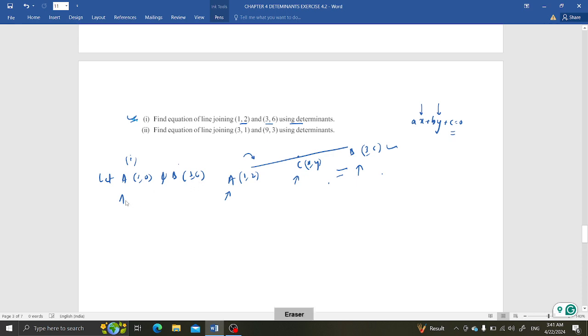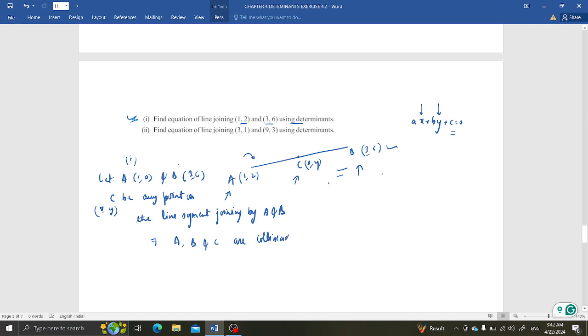Okay, and what I need to assume here, one more thing, is that the coordinate of C is (x, y), any point on the line segment joining A and B. So now it implies that A, B and C are collinear.